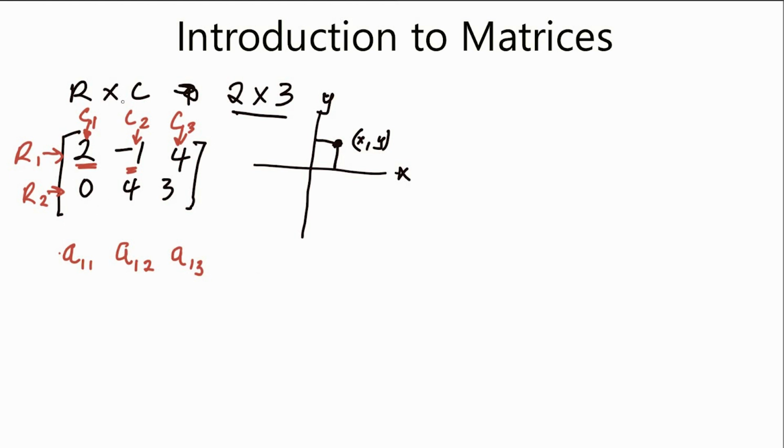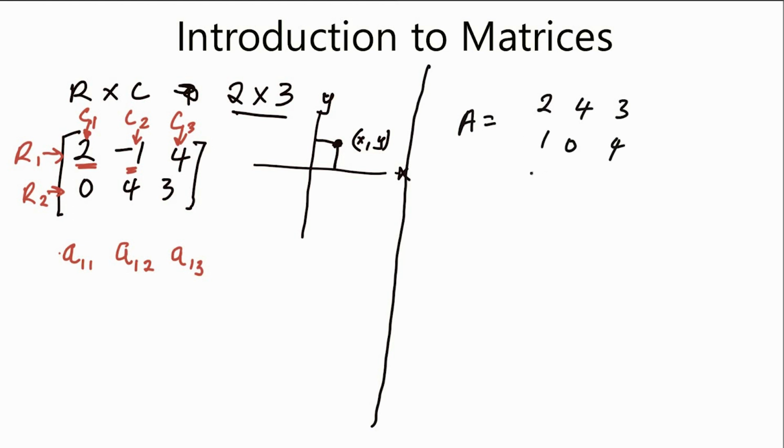We can also look at another example now, and we can call this a matrix A. Let's have a matrix A, which is described by 2 4 3, 1 0 4, -1 6 7.